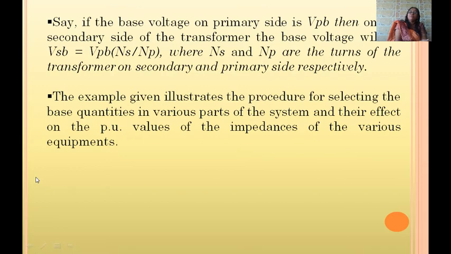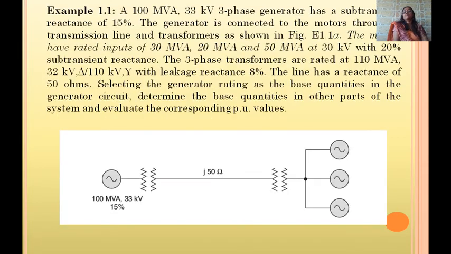Now we will see one example of how to calculate per unit quantities. Consider this example. We have a 100 MVA, 33 kV 3-phase generator, with 15% subtransient reactance. The generator is connected to motors through a transmission line and transformer. The motors are rated 30 MVA, 20 MVA and 50 MVA at 30 kV, with 20% subtransient reactance.